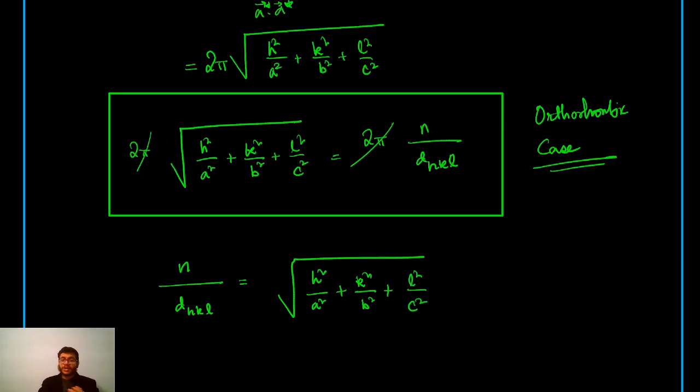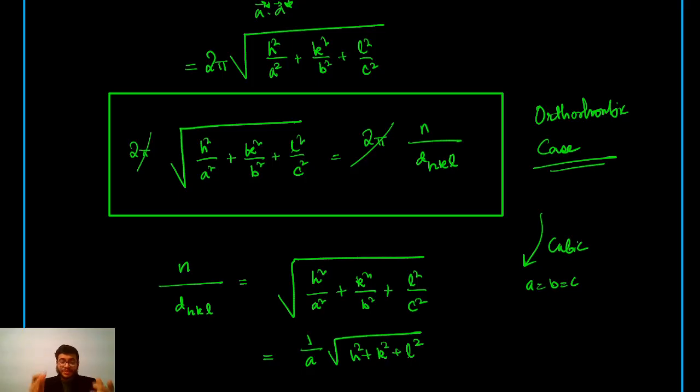And what happens when the orthorhombic becomes cubic, where a equals b equals c? It just becomes 1 by a times the root of h square plus k square plus l square. So this relation tells you that the DHKLs we get from the lattice spacing will eventually tell you the lattice parameter.